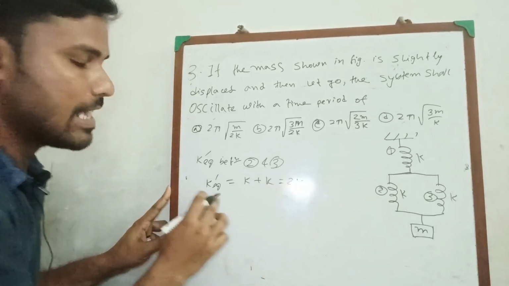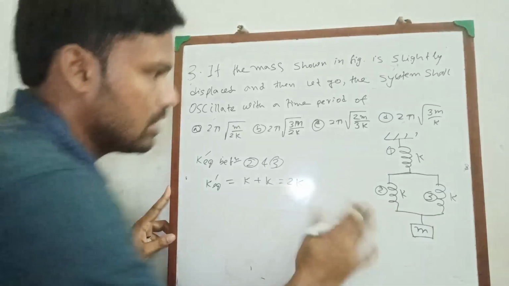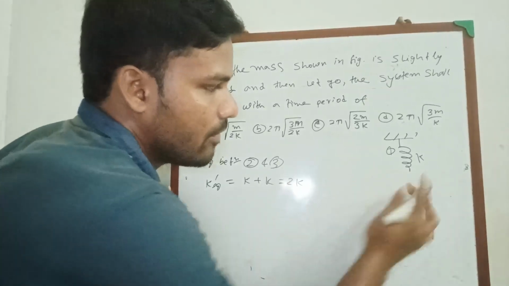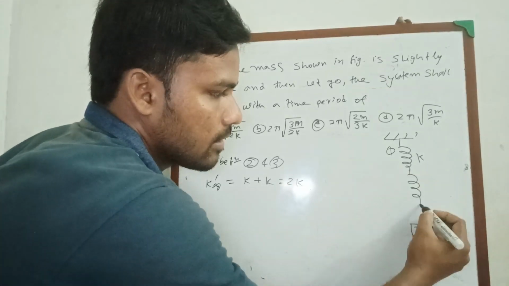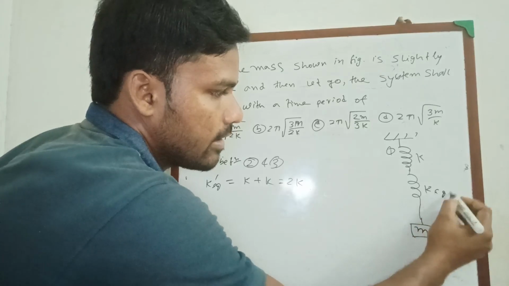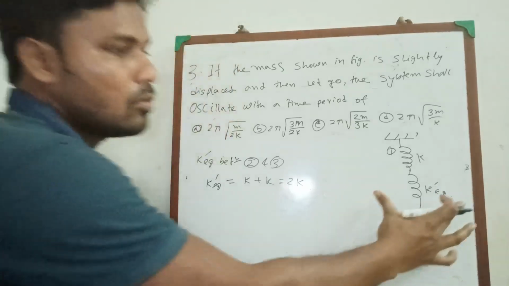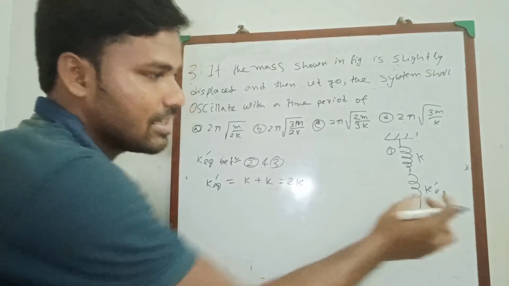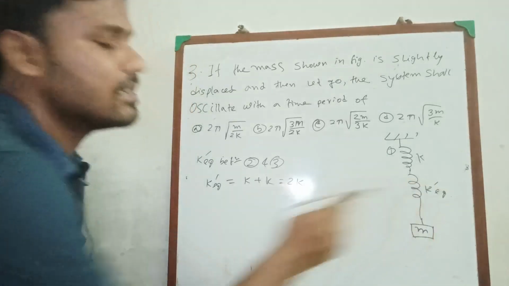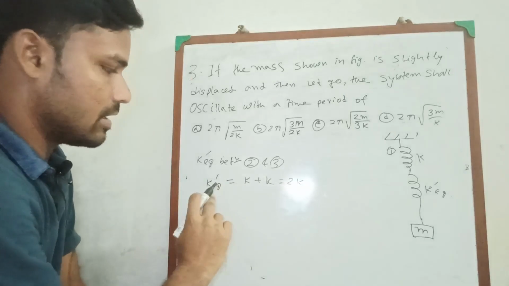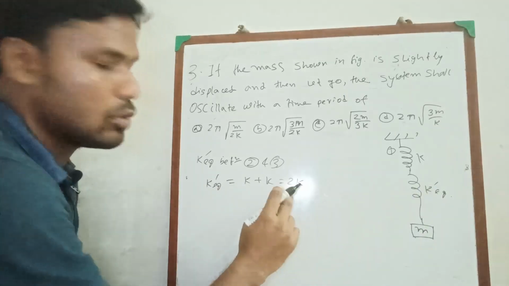Now the figure is simplified like this: both springs are merged into a single spring with spring constant 2k.